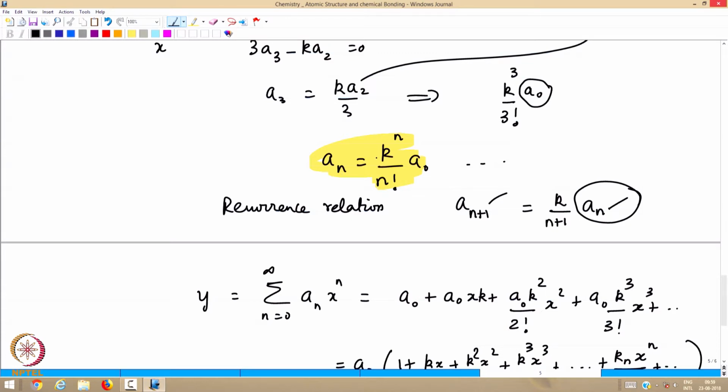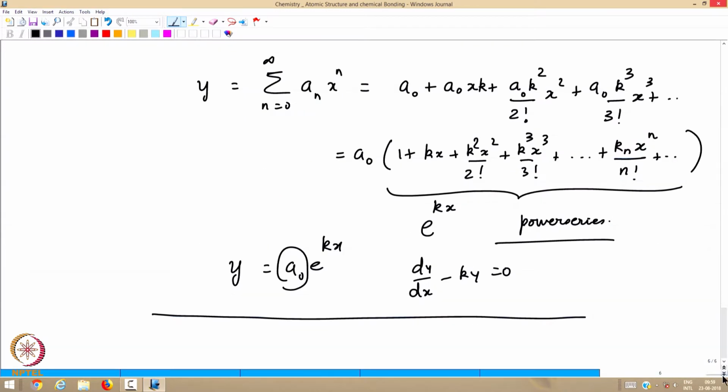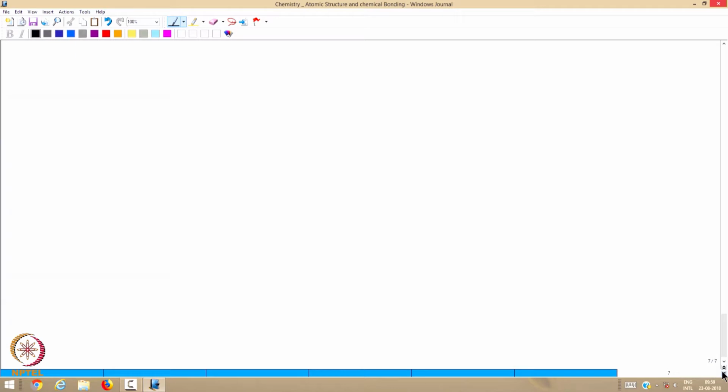So, finally, you get to this. Okay. So, this is the recurrence relation, and this is the final coefficient that is determined in terms of the undetermined coefficient.